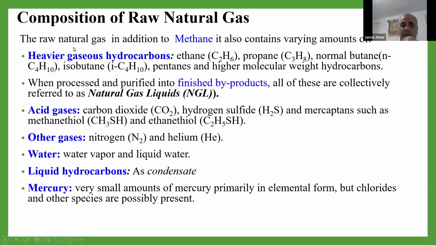So as I said, the raw natural gas, in addition to methane, also contains varying amounts of different compounds and different gases. So we have heavier hydrocarbon gases: methane, propane, normal butane, isobutane, pentane, and higher molecular weight hydrocarbons.